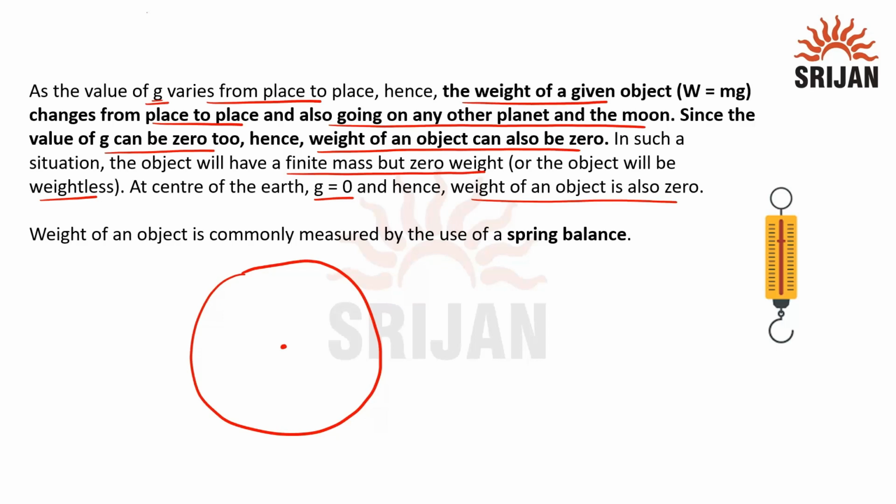Because that object is kept at the center of the Earth, the mass above the object will be equal to the mass below the object, or we can say that the mass in front of that object will be equal to the mass behind that object, and so on. Because of this, all the gravitational forces acting on this object will get cancelled out, and the acceleration due to gravity acting on this object will be 0.